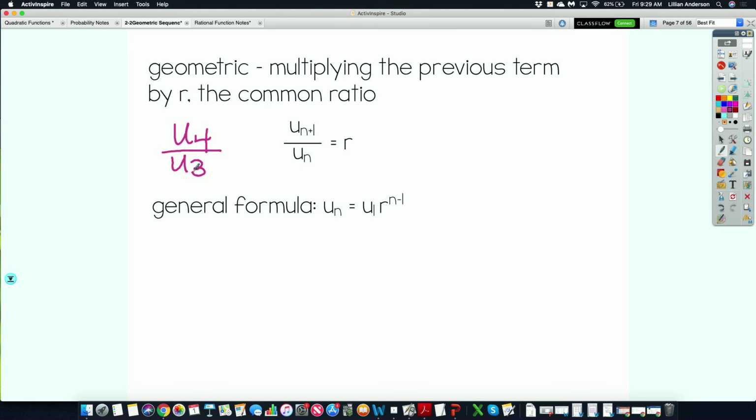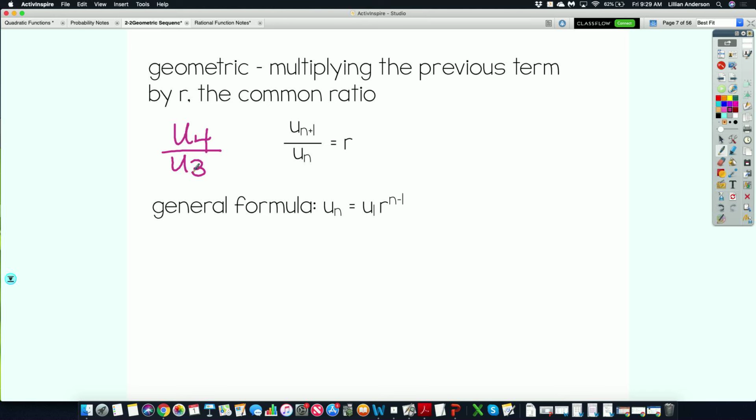The term after the term you're on, divided by the term that you're on. Okay? That's what that n plus 1 means, that's in the subscript. And then you can also do the third term divided by the second term, the second term divided by the first term, so on and so forth to get your common ratio.